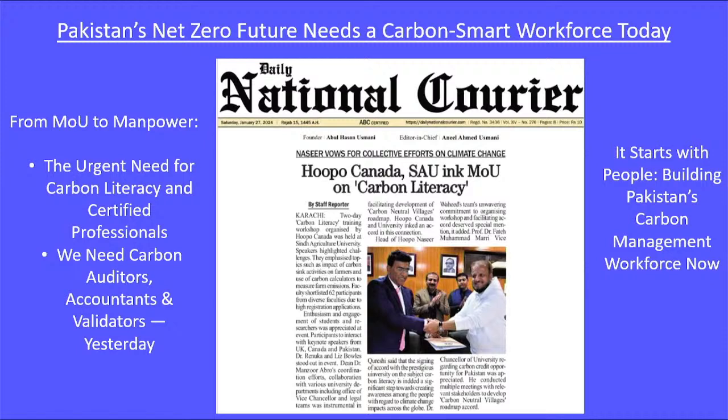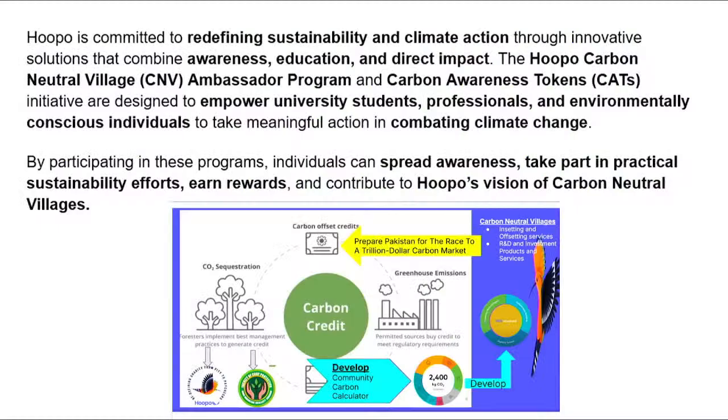So we are working with the help of the university to ensure we are building the capacity of the university in carbon management. When we say capacity building, that means we need the workforce that works in parallel on carbon literacy in the agriculture university.